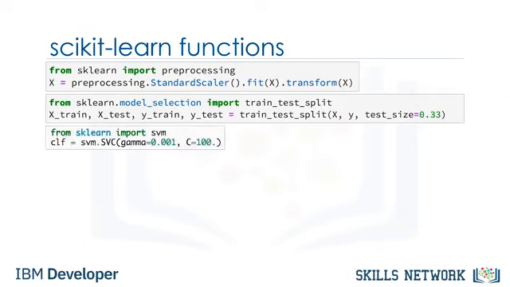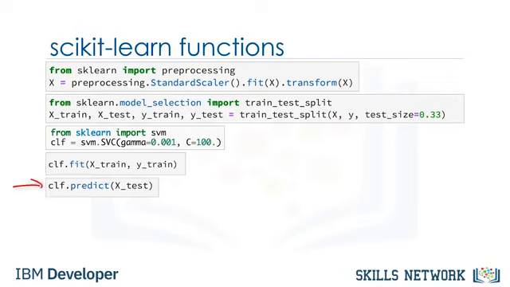Then you can set up your algorithm. For example, you can build a classifier using a support vector classification algorithm. We call our estimator instance CLF and initialize its parameters. Now you can train your model with the train set. By passing our training set to the fit method, the CLF model learns to classify unknown cases.